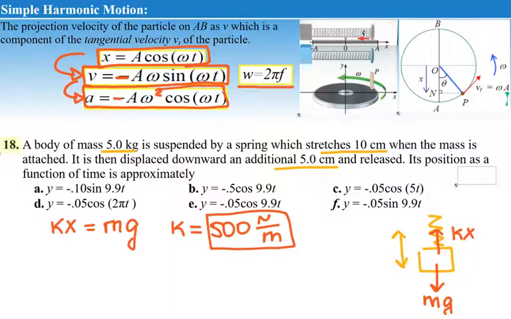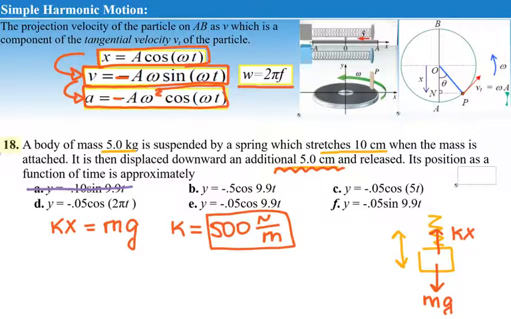Then, because you stretch an additional 5 centimeters, your amplitude is going to be 0.5. So the ones that don't have the amplitude 0.5, I'm going to cancel, and that's only A. That one didn't have amplitude 0.5. The amplitude stands right in front of the cosine.